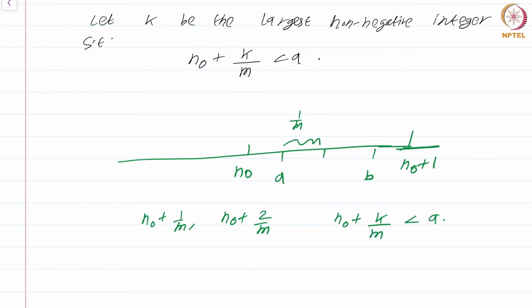There will always be such an integer simply because n naught is less than a. n naught plus 1 by m could exceed a, in which case the choice of k would be just 0. When k is m, you get n naught plus 1, which certainly exceeds a. So it has to be the largest integer such that n naught plus k by m is less than a.